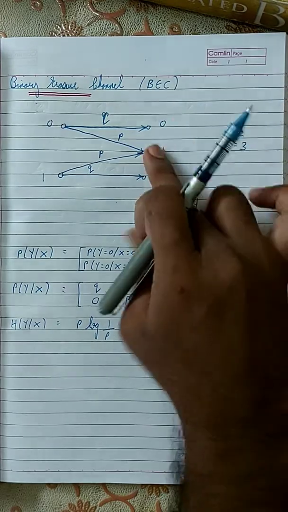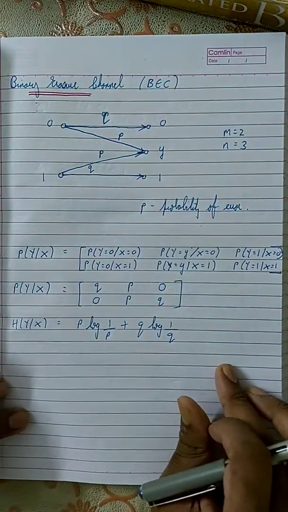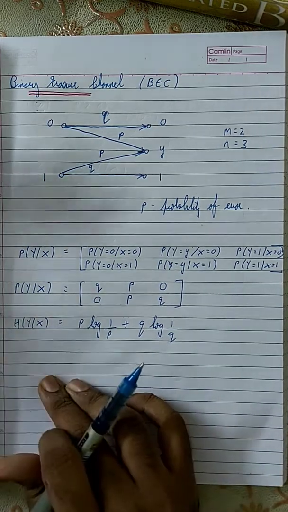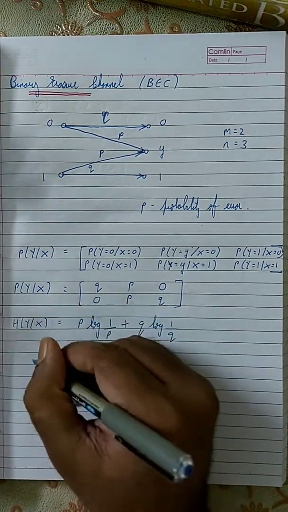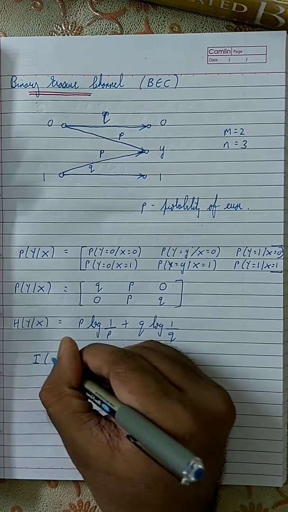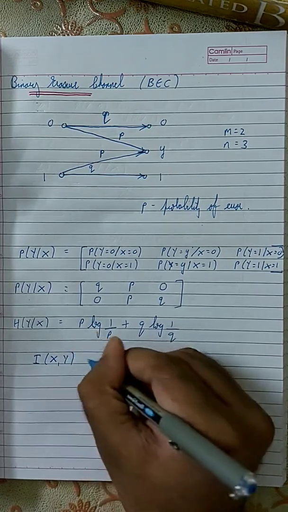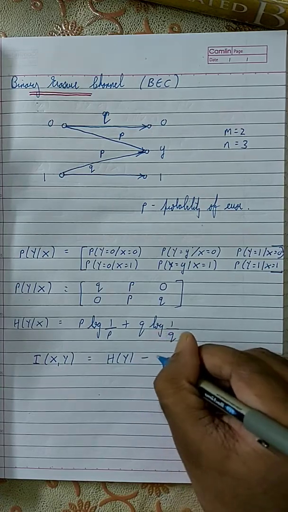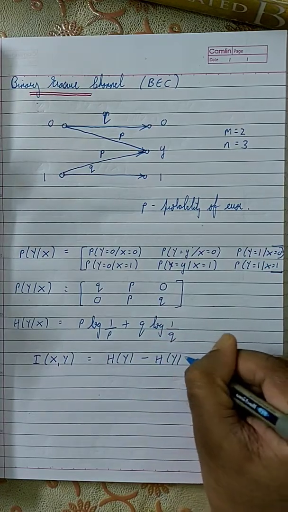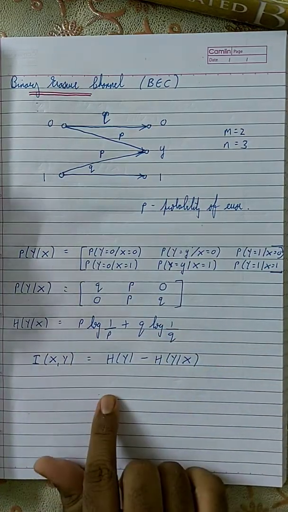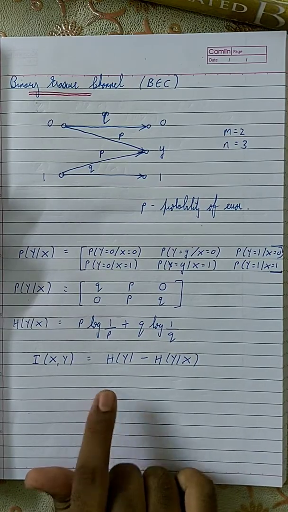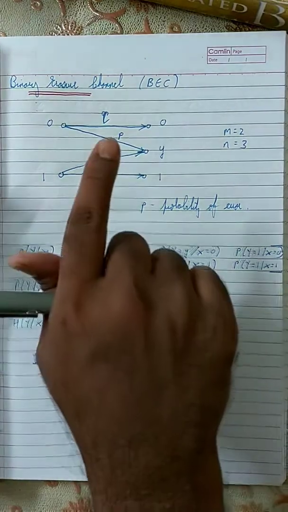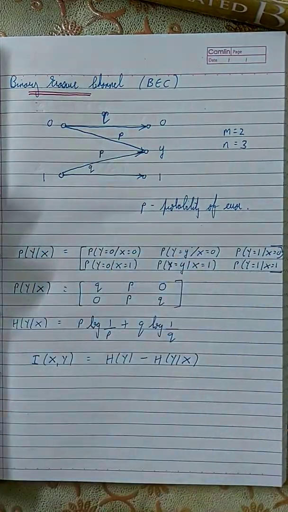The reason I'm talking about this is that we know the equations of mutual information, right? There are three equations. One of them is I of x comma y is equal to H of y minus H of y by x. The thing is, you cannot use this equation when you are finding the mutual information of this channel.